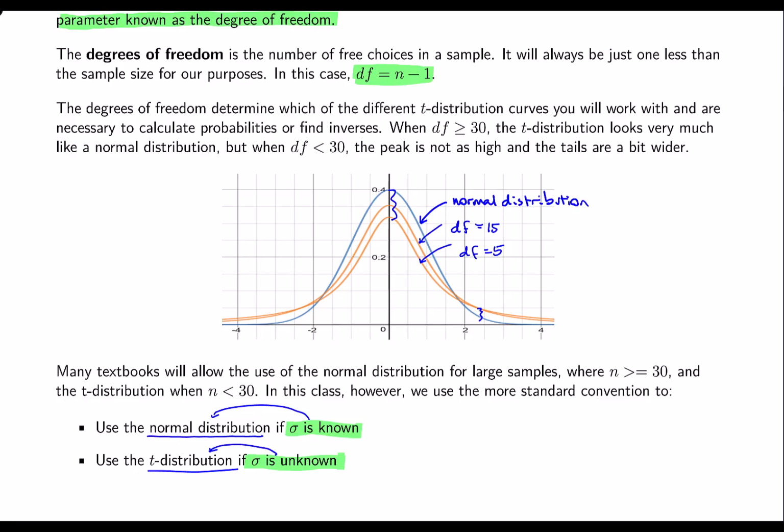So it doesn't really matter what size sample you're working with. You can be using a sample of hundreds of items and you can still use the t-distribution. You can use the t-distribution with any size sample. And in fact, it may have been just the time involved in calculating the t-distribution values historically, because the larger your sample size, the more involved the calculation is for your t-distribution values.